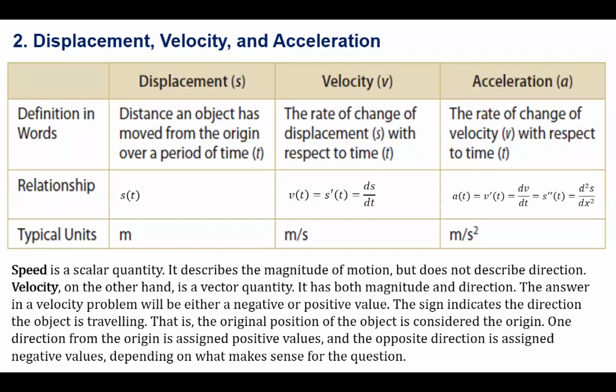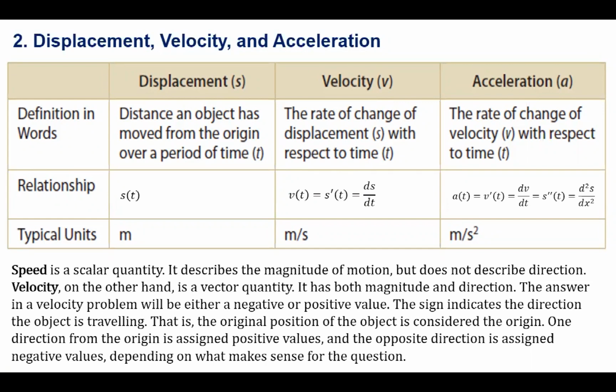Also, you should be careful with the difference between speed and velocity. Speed is a scalar quantity. It describes the magnitude of motion, but does not describe direction. Velocity, on the other hand, is a vector quantity. It has both magnitude and direction. The answer in a velocity problem will be either a negative or positive value.